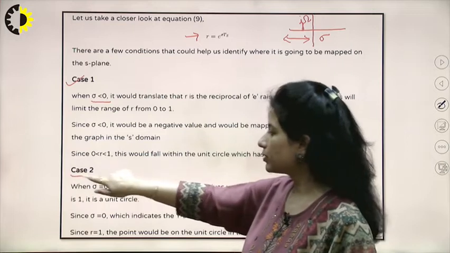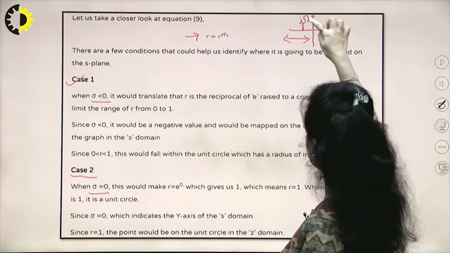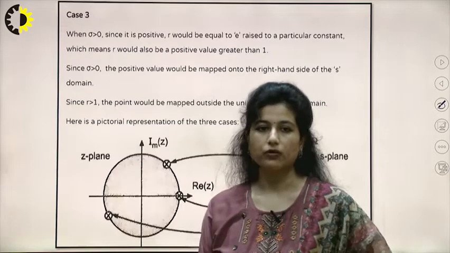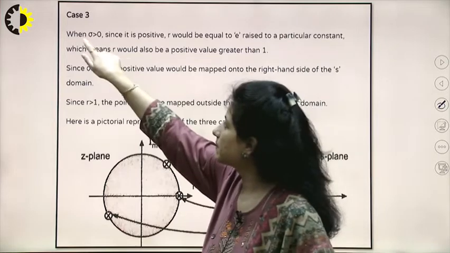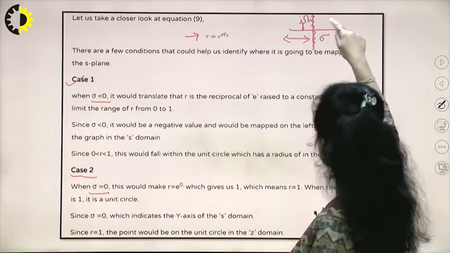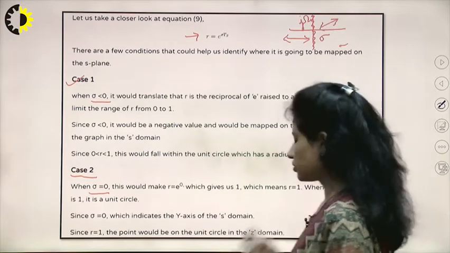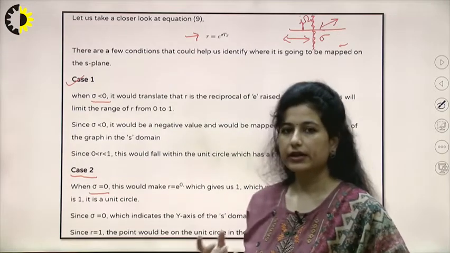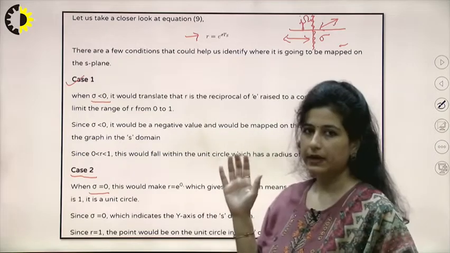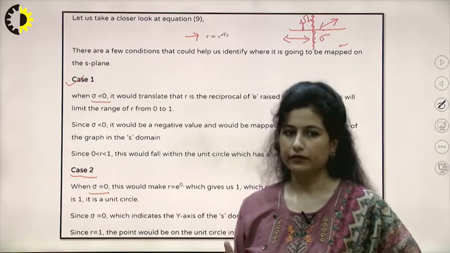Another case I would consider is when sigma is equal to 0, that means I am talking about this particular y-axis, and the third case would be sigma is greater than 0. Greater than 0 means I am talking about this particular area. So technically, these three cases are representing the right part of the S plane, the y-axis of the S plane, and the left part of the S plane.